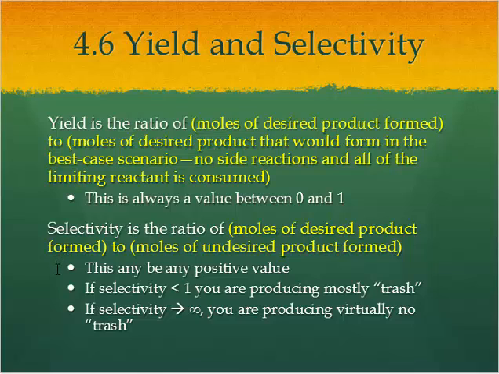When it's less than 1, it means that I'm making more undesired product than desired product. That's not really the case we want. Okay? We are creating more junk than we are valuable product. This value ideally would go up towards infinity. The larger it is, the more desired product I'm making, and I'm making none of the junk.